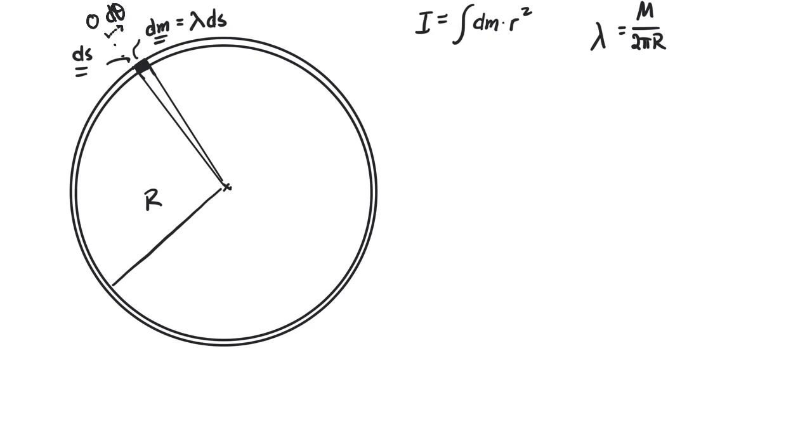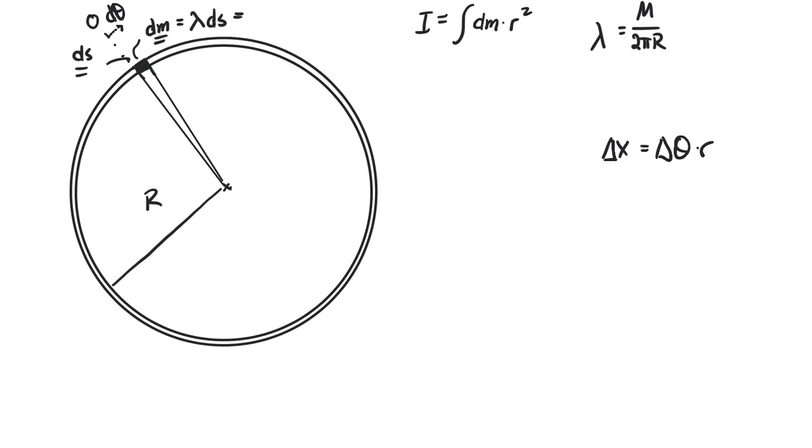I have a reason why I want to express it in terms of an angle. I know how to add up the arc length by going around an entire circle. So that's why I'm going to choose to write this in terms of an angle, which means I need to express ds in terms of the angle. But if you remember, delta x equals delta theta times r.